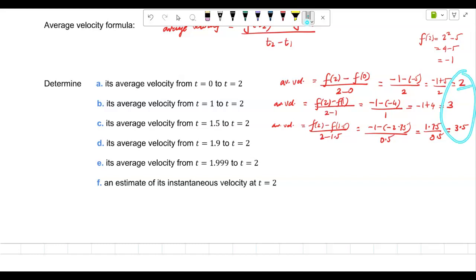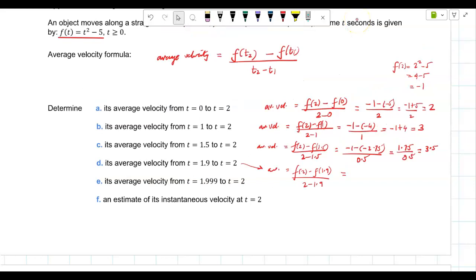First my answer was 2, then my answer is 3. So if I take closer and closer points to 2, I'm seeing what's happening. The answer is becoming larger. Now the average velocity for the next one: F2 minus F 1.9 divided by 2 minus 1.9, correct? So work this on your calculator, come on.